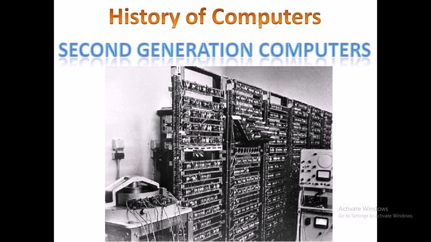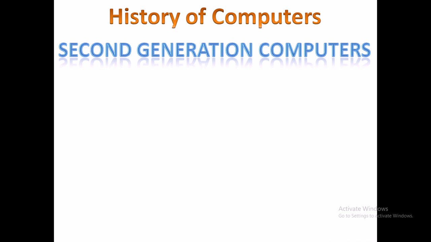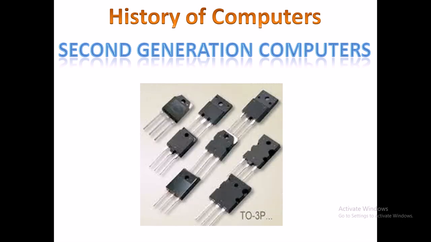Actually, the computers used vacuum tubes. They were huge in size, but as these transistors were very small compared to vacuum tubes, they reduced the size of a computer. The transistor was 200 times smaller than a vacuum tube, and it also consumed less electricity.